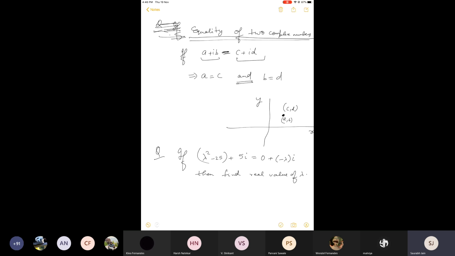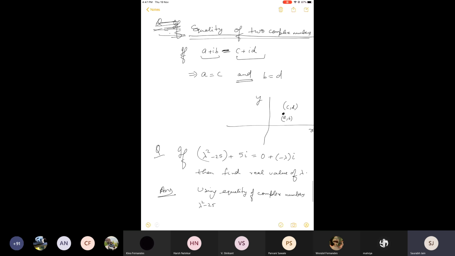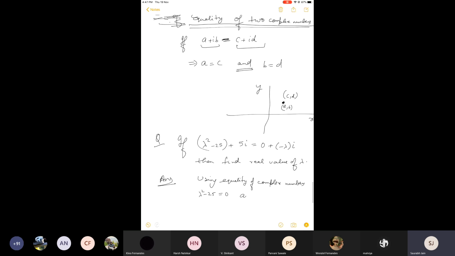Just use the equality of complex numbers. What you have on the left hand side, lambda square minus 25, is the real part. And what is the real part on the right hand side? 0. Similarly, what is the imaginary part on the left hand side? 5. What is the imaginary part on the right hand side? Minus lambda.